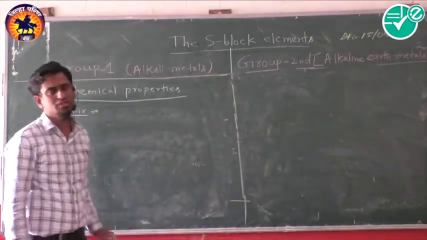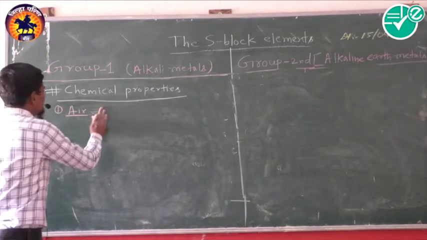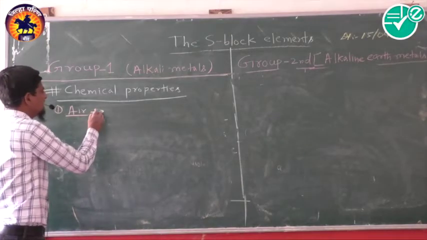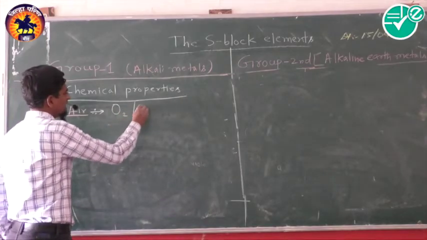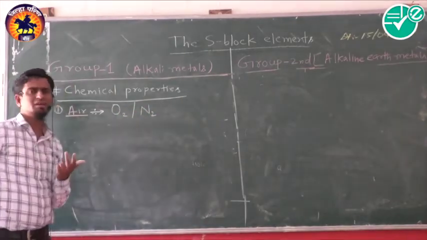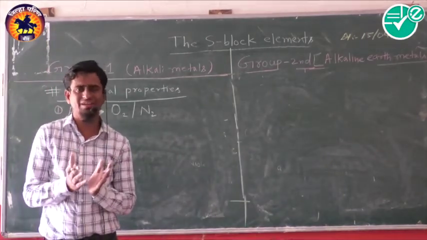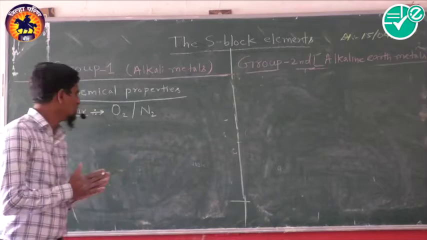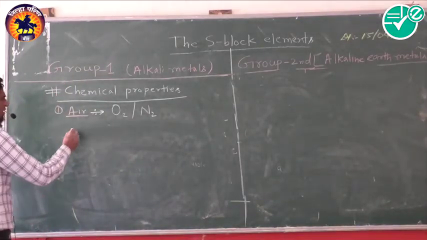Now see, first of all, reactivity towards air. Which elements are present mainly in air? You know, oxygen and nitrogen. These two are the main constituents of air. So here I take lithium first of all.